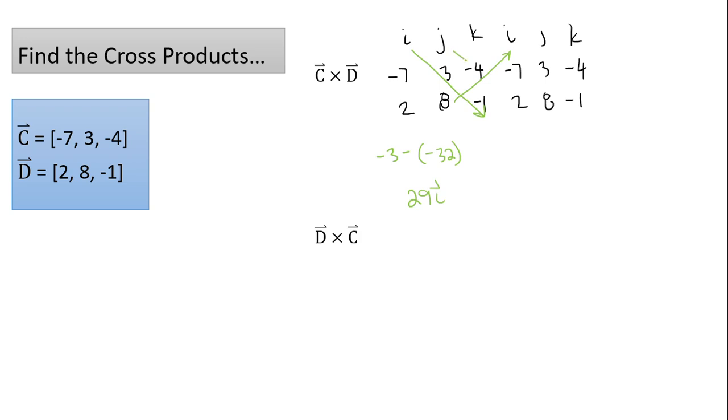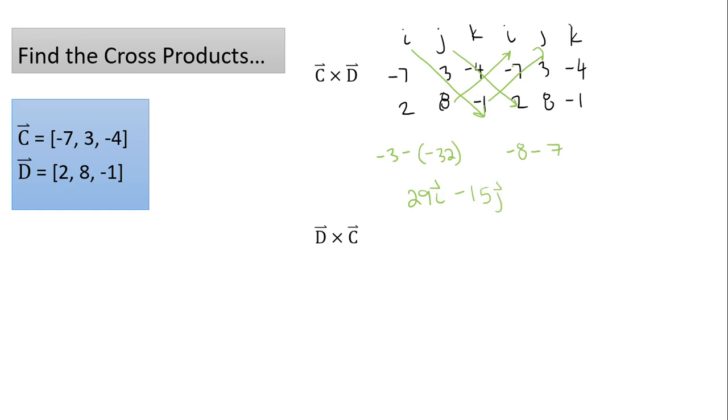Trying to hit those right numbers. -8 minus, I'm trying to be super careful, 7, because negative times negative. Okay, and that should be -15 J.